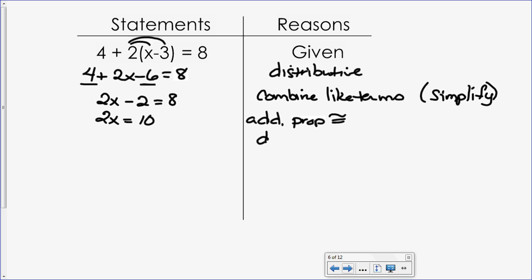Divide. So when you ask yourself what's the last step, write down what you decided. Rewrite that so you can actually read it. And we're done.